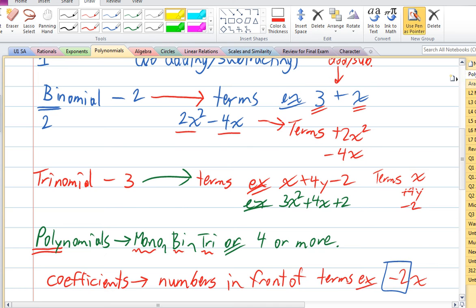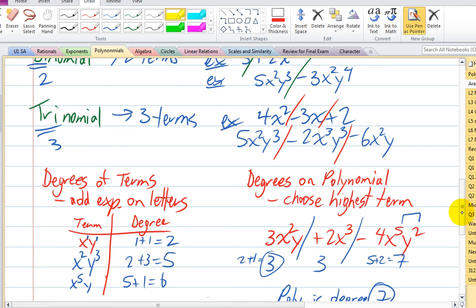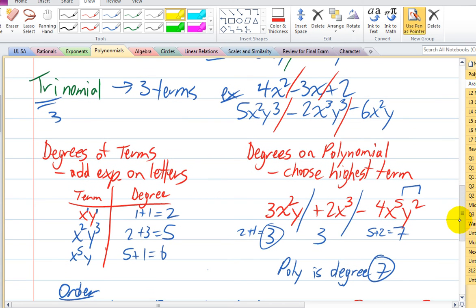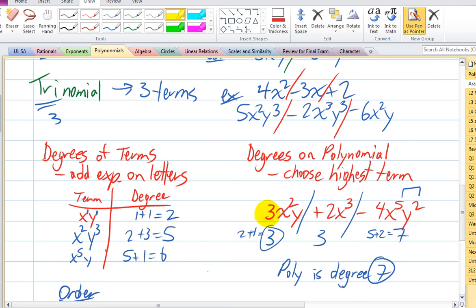Here's a polynomial. This whole thing is one polynomial statement, and I break it up into separate terms using the blue pen. So this is how you'd write it, or how you'd find it and see it. I look at each one separately.